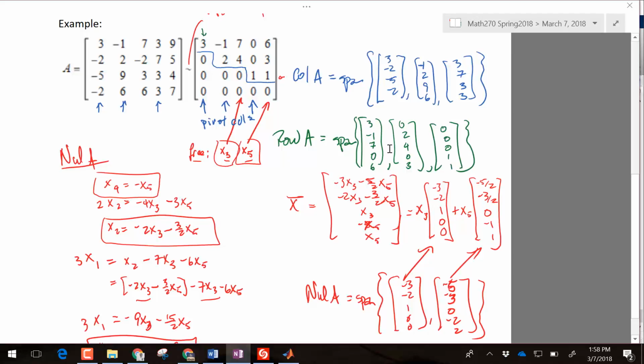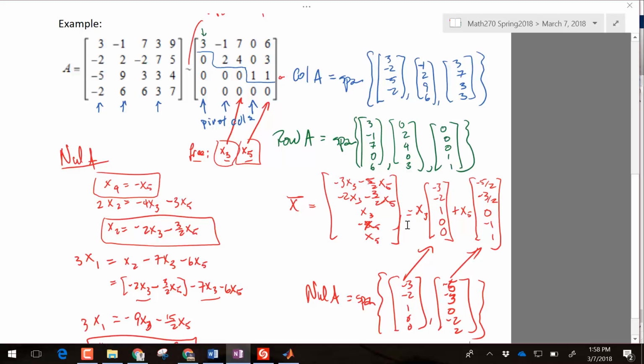So the key thing here is that according to the rank theorem, which is in the next section, the number of dimensions in row or column space, by the way, the column space and the row space will always have the same dimension, even though they live in different spaces.